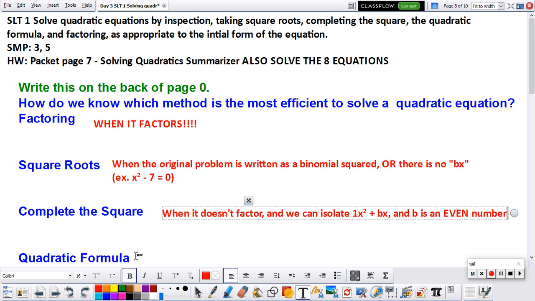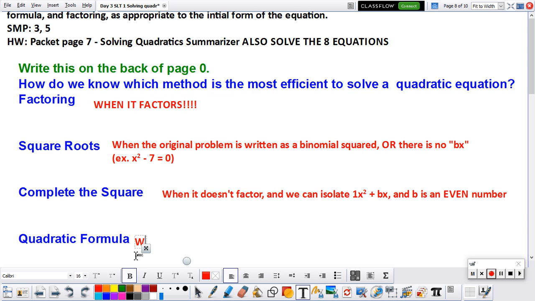When do we use the quadratic formula? When it doesn't factor. When square roots are not obvious. I feel like I'm spelling obvious wrong, but I don't care that much.